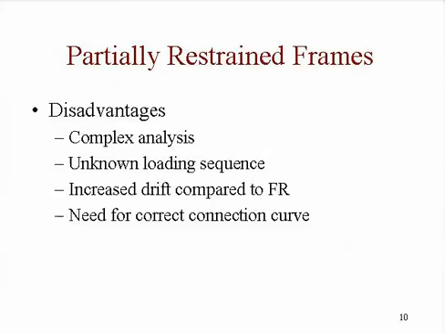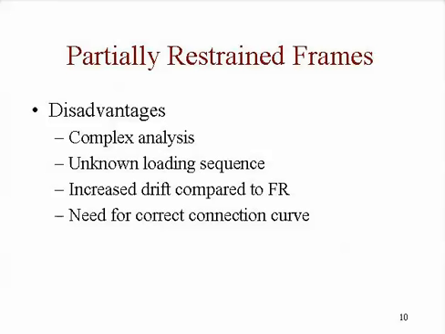The disadvantages to these kinds of connections, however, is that the analysis can be rather complex, because these connections, as we'll see in a little bit, are not going to behave linearly. The loading sequence can be important. And so you'd have to start thinking about, all right, how do I put the loads on this building, and how much dead load and how much live load, and in what sequences and all.